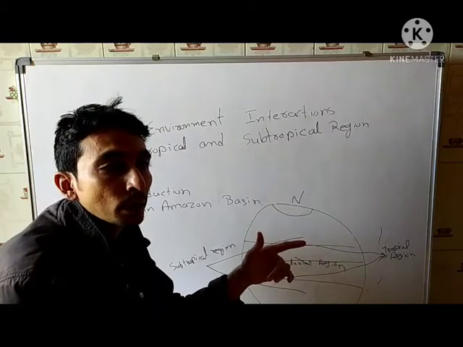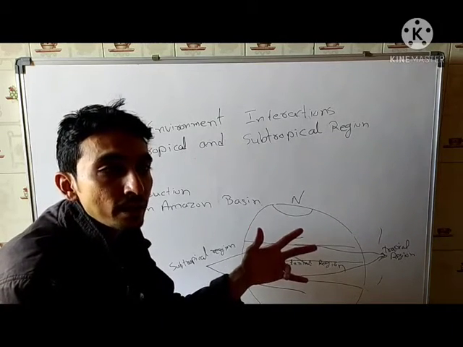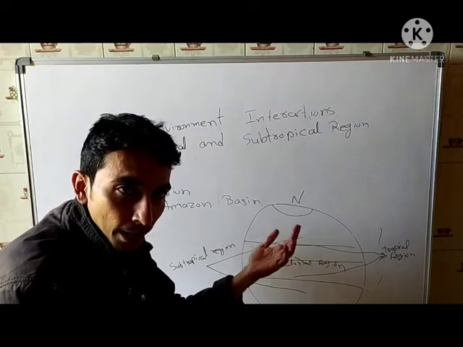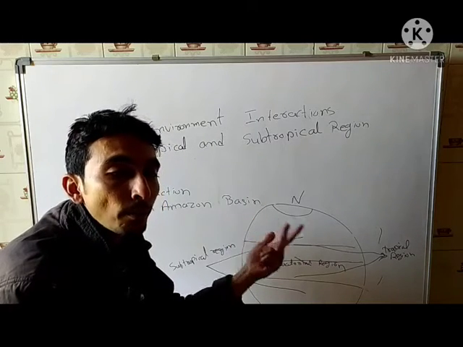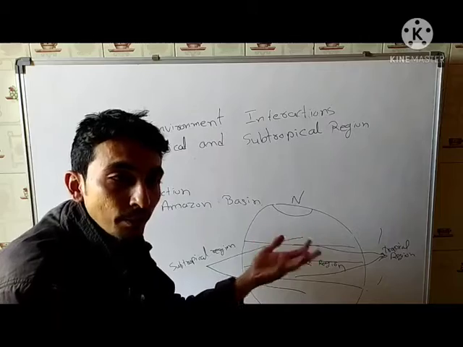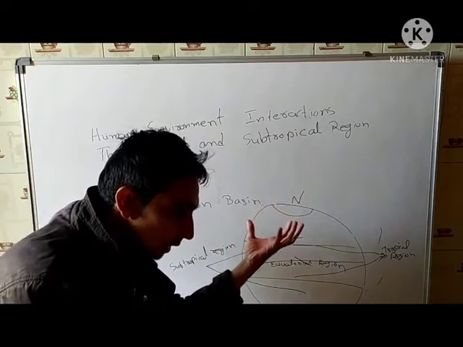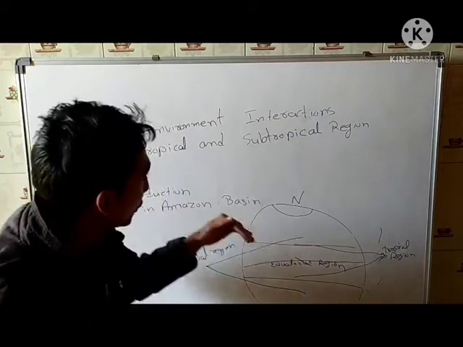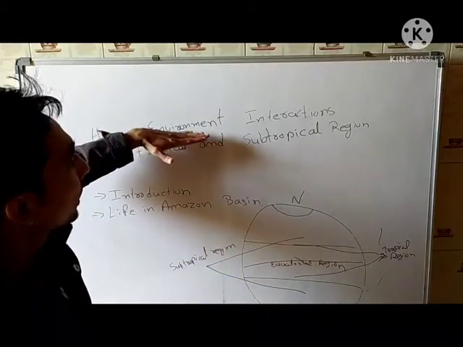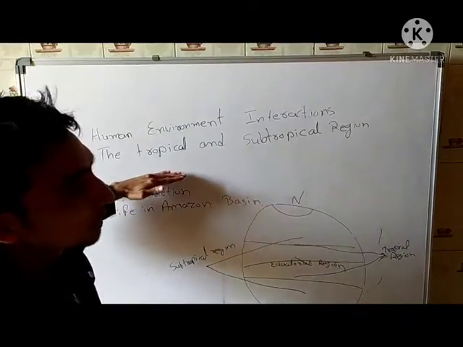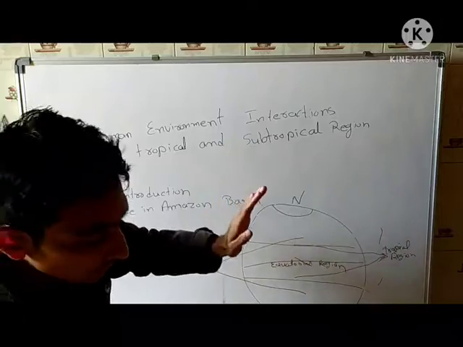Land, water, rocks, hill stations are natural environment, whereas buildings, roads, parks, railway stations, bus stations are man-made environment. So human environment can be divided into two: one is natural and another is man-made.